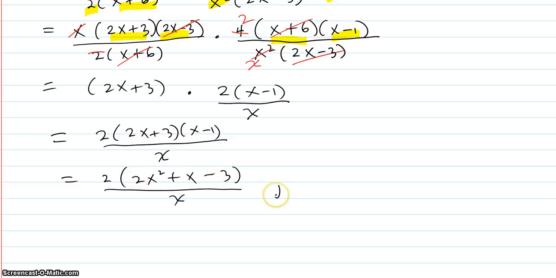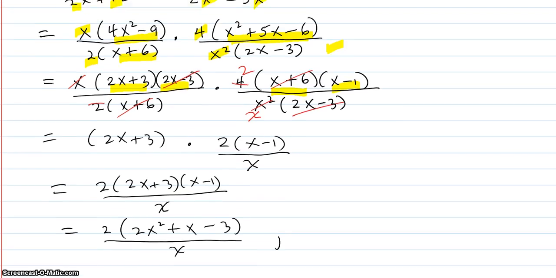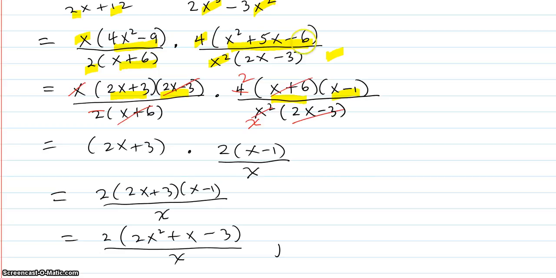Okay, now we need restrictions because the original fractions are restricted. x can't be negative 6. See, there can be negative 6 in the new version, but you can't have negative 6 in the old version.